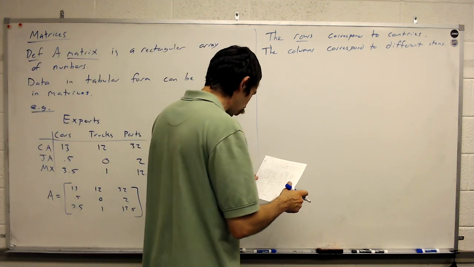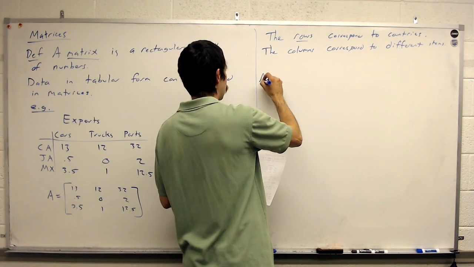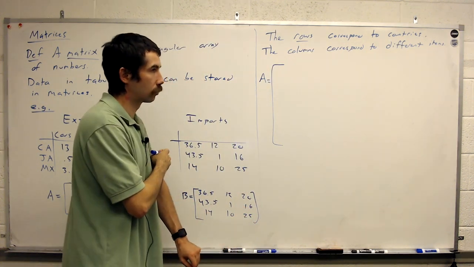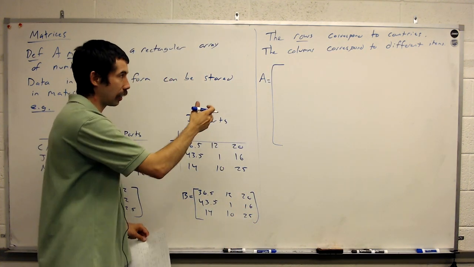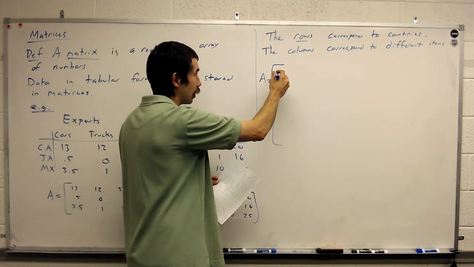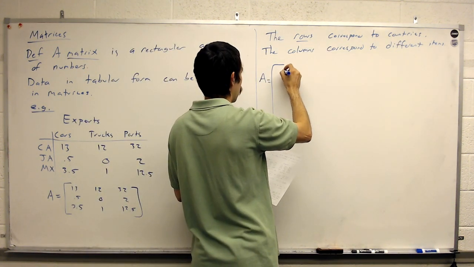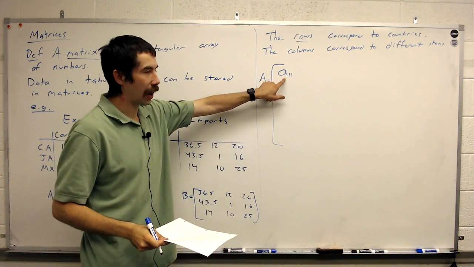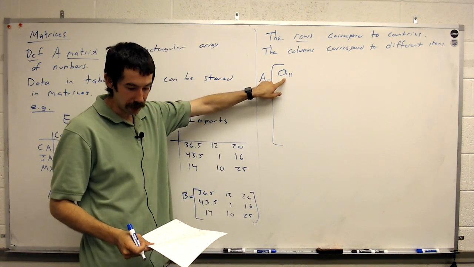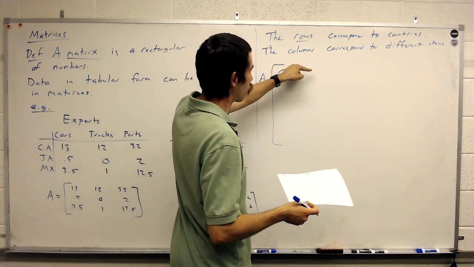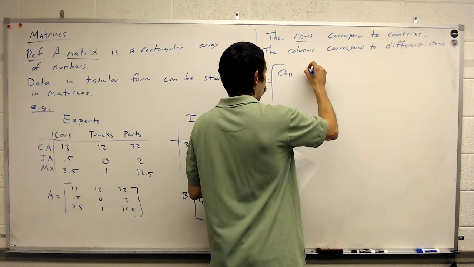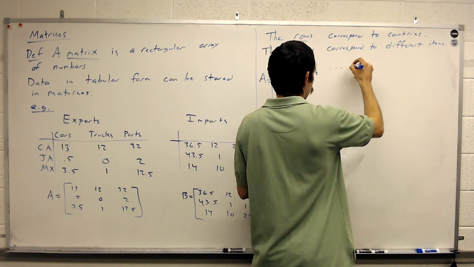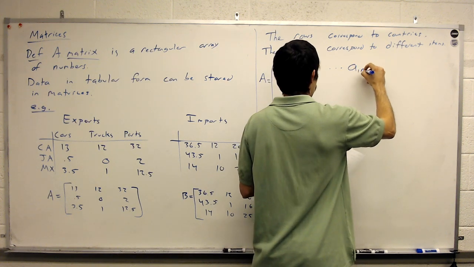Okay, in general, our matrix, we're going to write A equals, and then the entries we're typically going to write with lowercase a. So this will be A11, that's the top left entry. And then as we move across the row, we have A12, dot, dot, dot, until the last entry, which is A1N.